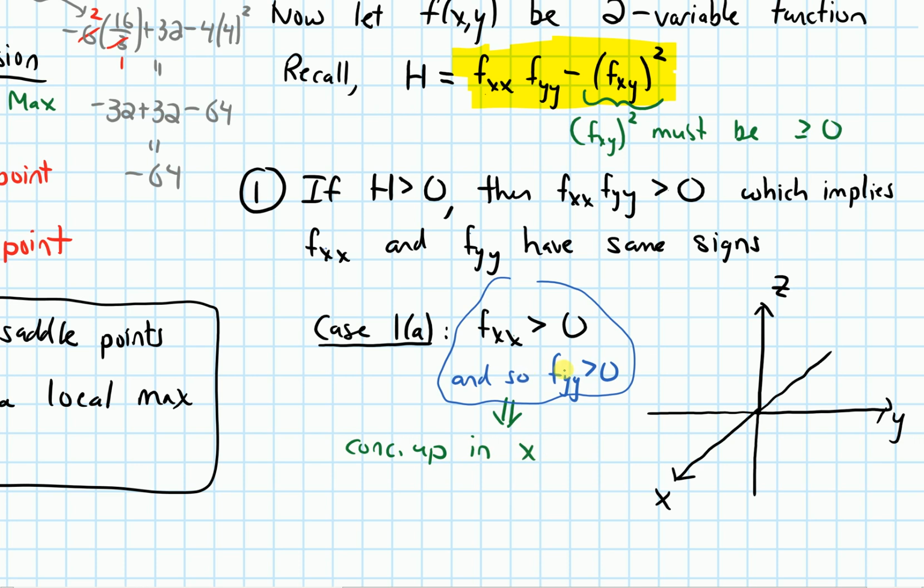And the fact that fyy is positive means it's also concave up if you look at it in the y direction. So it's concave up in the x and y directions. I'm going to draw a picture of a surface where that happens, and then talk about what it means to be concave up in the x direction and in the y direction.